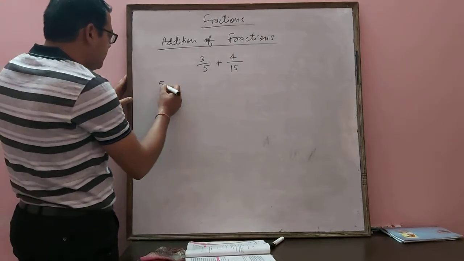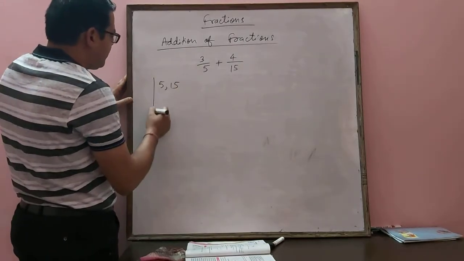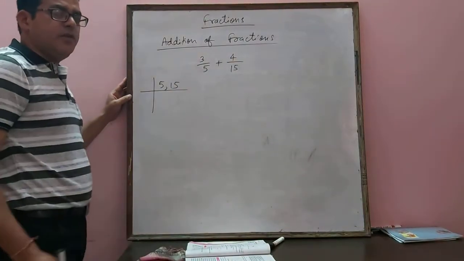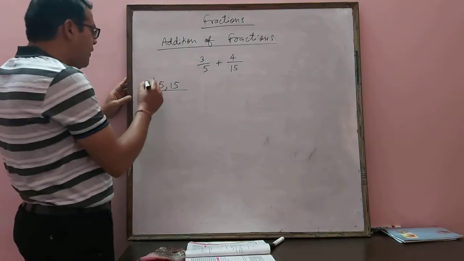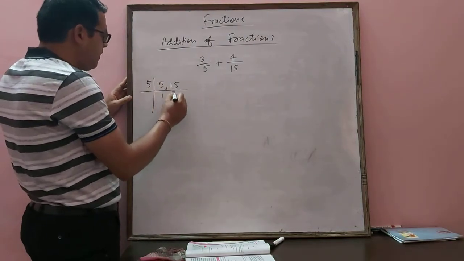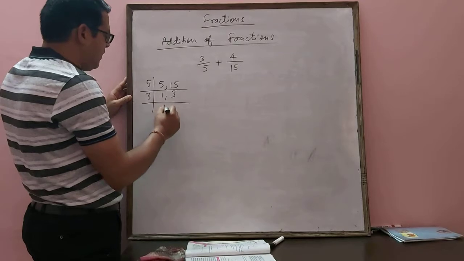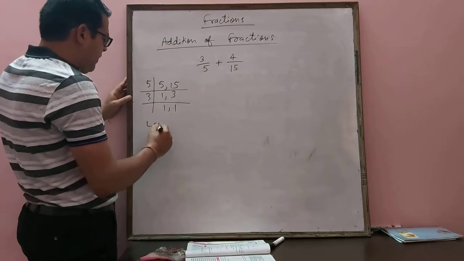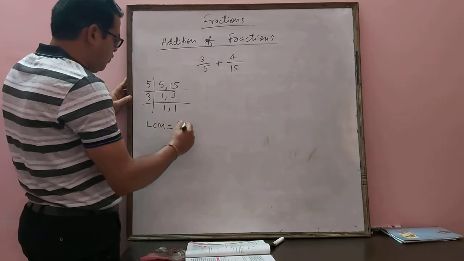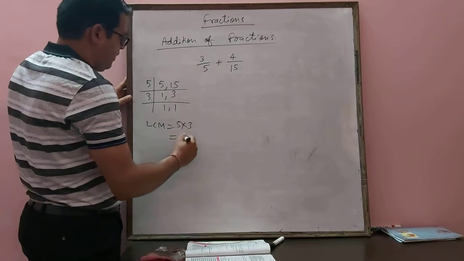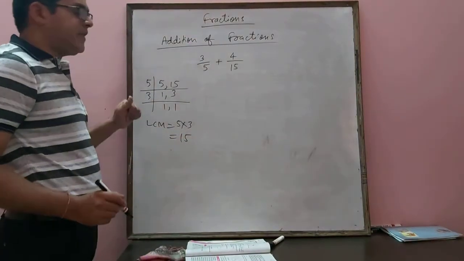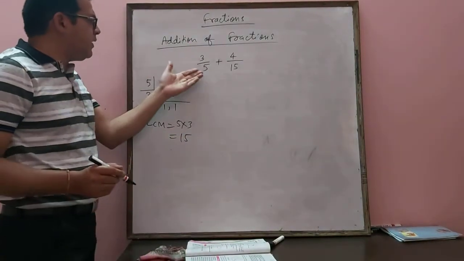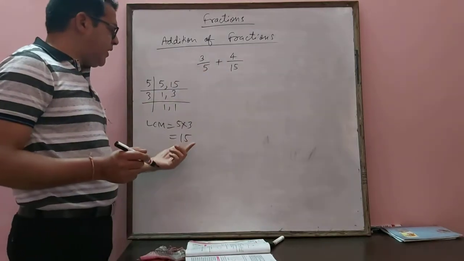First, we have to take the LCM of 5 and 15. Both are divisible by 5, and here by 3. So the LCM is 5 into 3, that is 15. So 15 is the LCM. It means we can convert their denominators to 15.